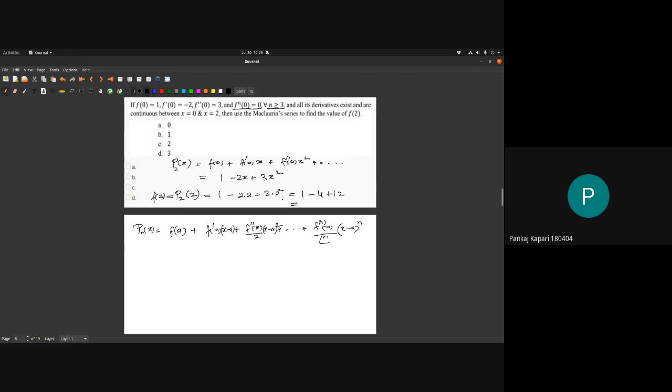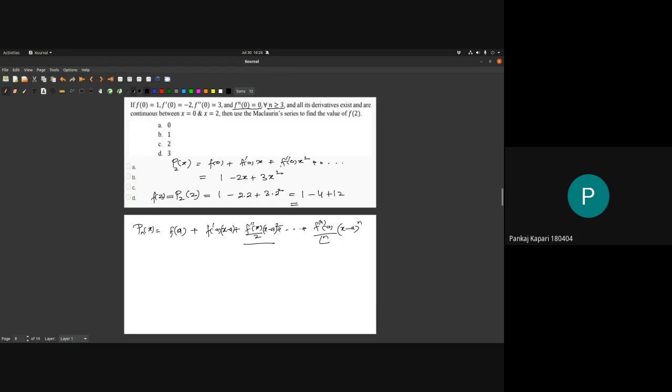Can you see some mistakes here? Can anyone point out any mistake? See, the coefficient of x square is f double prime divided by 2, right? Whenever you take the nth derivative at a or 0, you have to divide it also by n factorial.